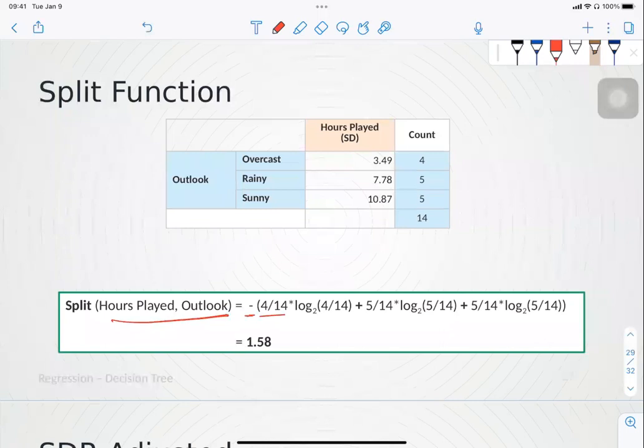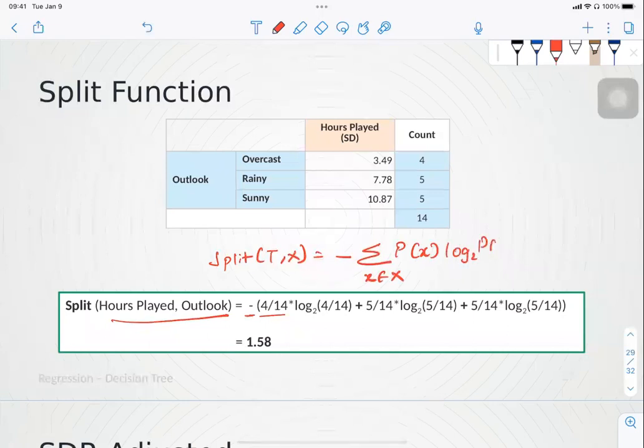The split function is given as Split(T, X) equals the negative summation over all x belonging to the data set of the probability of x times the log base 2 of the probability of x. For the split of R split and outlook, we plug in the values 4/14, 5/14, and 5/14, as you can see here, and it gives us 1.58.